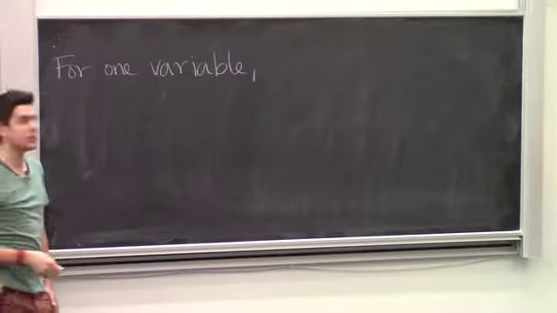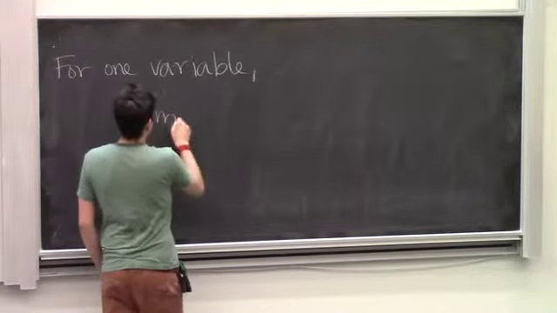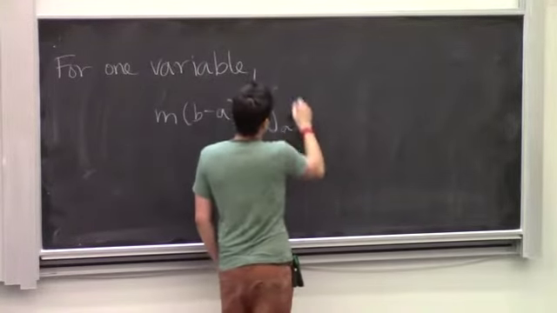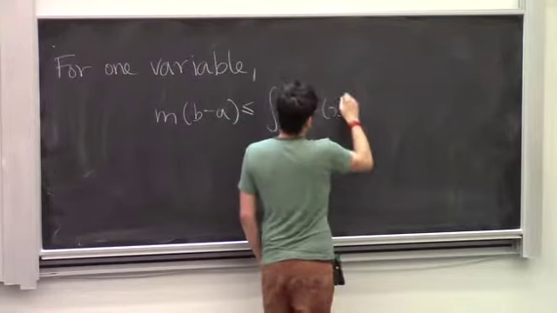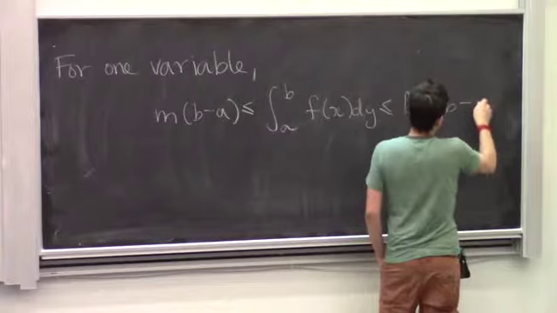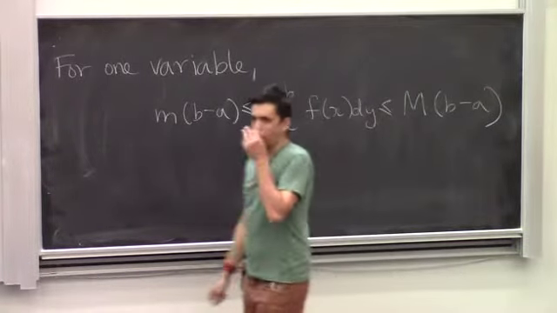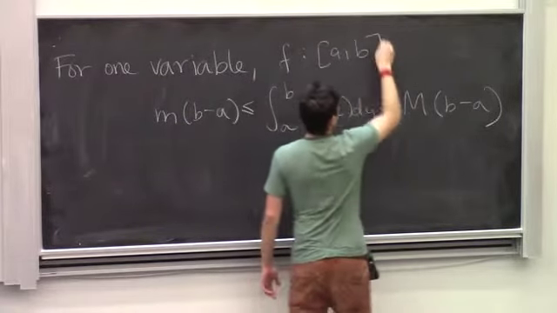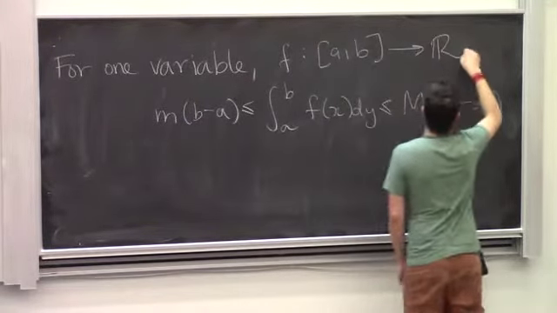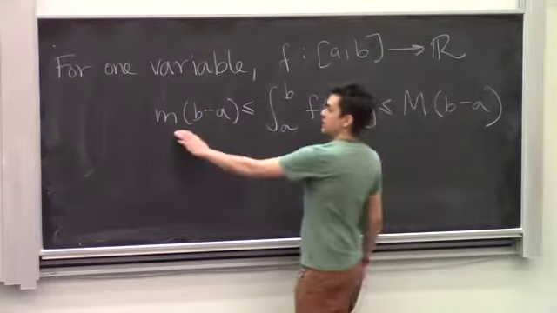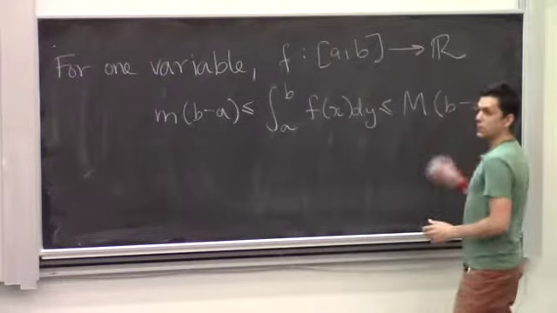Okay, so for one variable, we'd have the following statement. Okay, so if we had a function like this that we knew was continuous, we could bound its value by the minimum times the length and the maximum times the length.